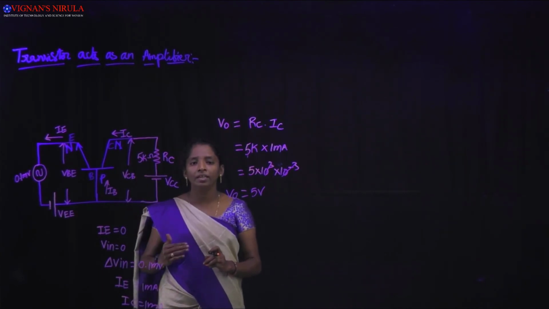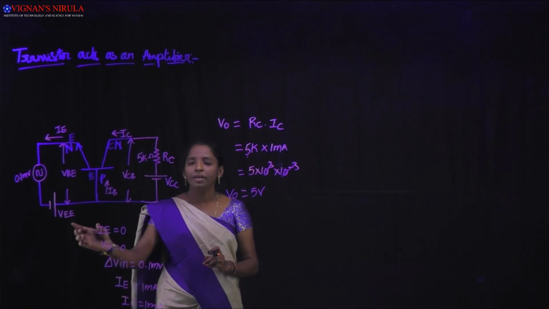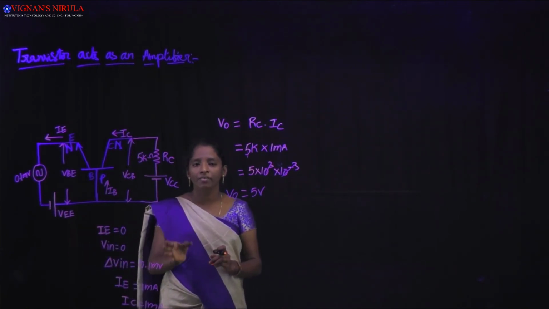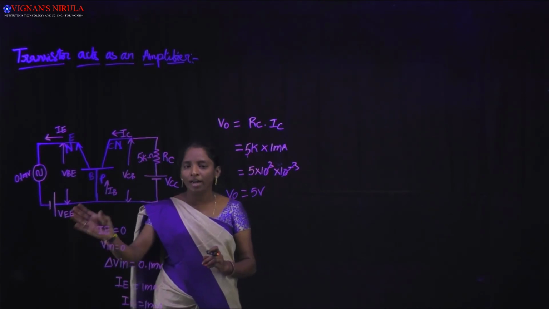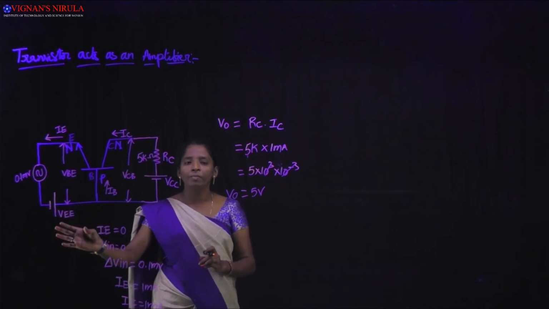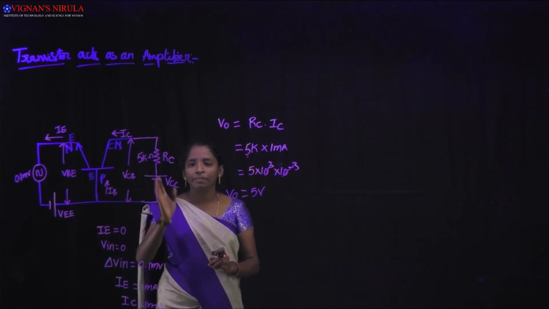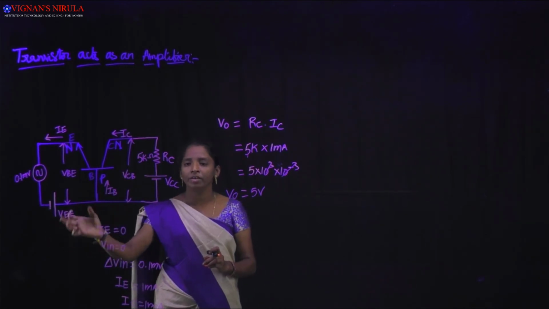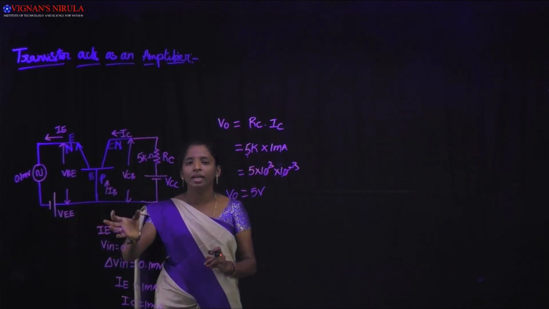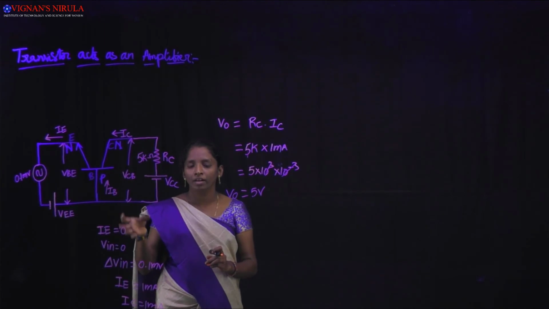To operate the transistor in the active region, the emitter base junction must be forward biased and the collector base junction must be reverse biased. If you are not applying forward bias at the emitter base junction, and you are applying reverse bias at the collector base junction as well, then both are in reverse biased condition, and the transistor goes into the cutoff region.